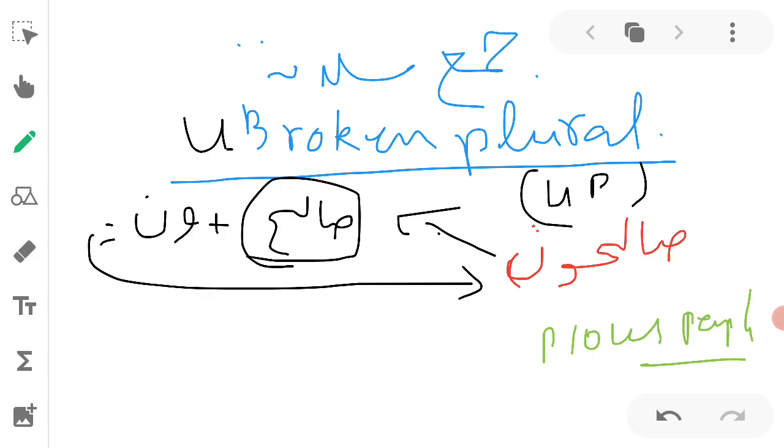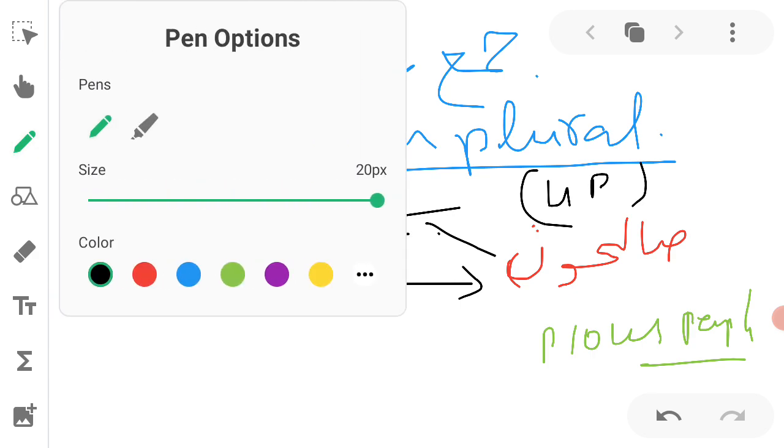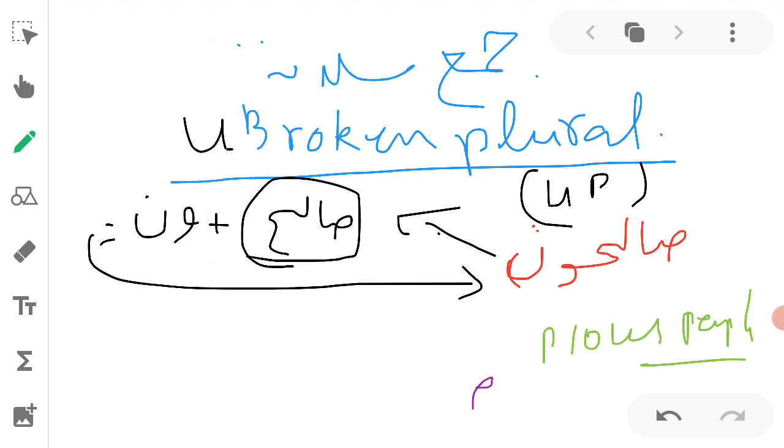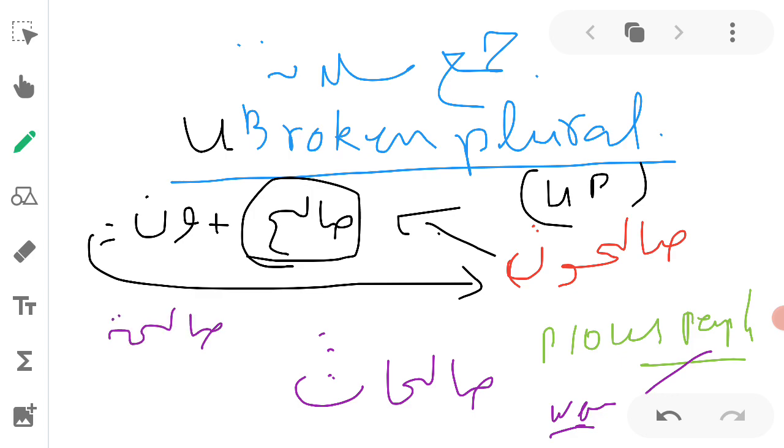Okay. Now let's take another example of unbroken plural. This time feminine. Let's take the feminine of the same thing. So the feminine of salihun is salihat. So this means pious women, more than one, so it meets the condition, and it meets the other conditions as well, because it has a singular from its own word, saliha.